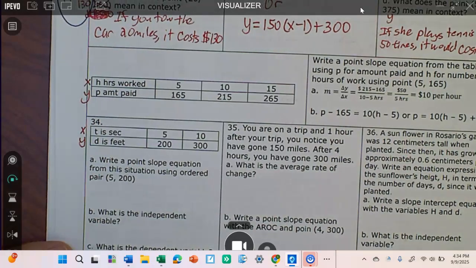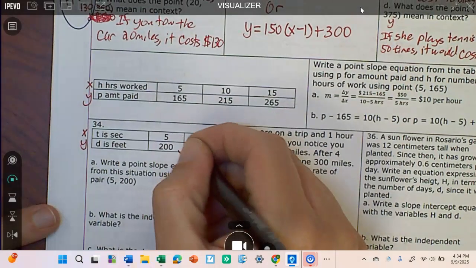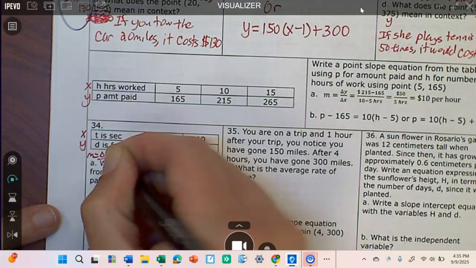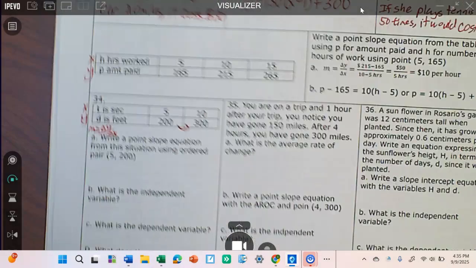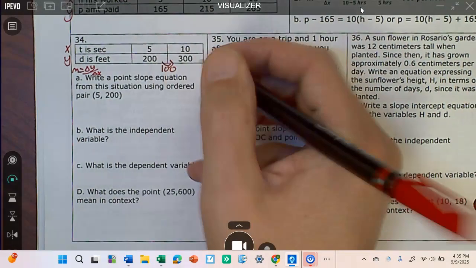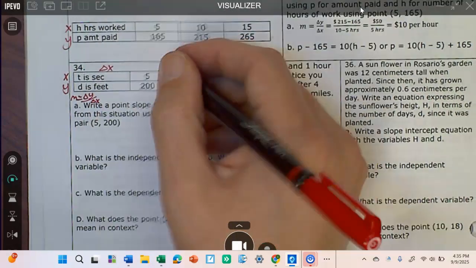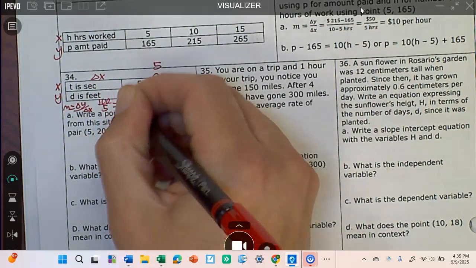Okay, write a point slope equation from this situation using pair 5, 200. Well, we got to find M. I didn't give you enough space. Make those words smaller, push that up. Okay, I'm talking to myself about my worksheet because I didn't give you a place to do this. Okay, 100 feet, change in X. That's 20.